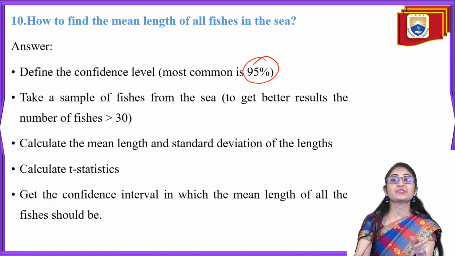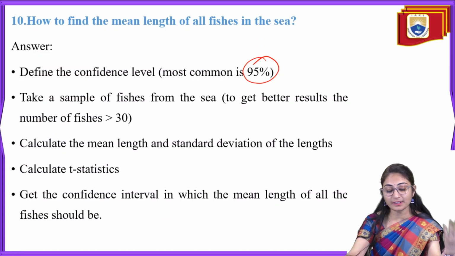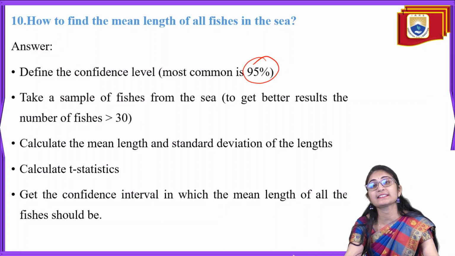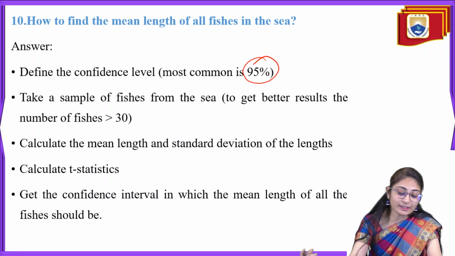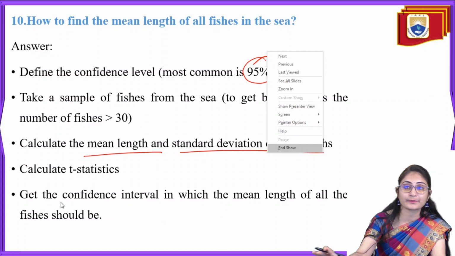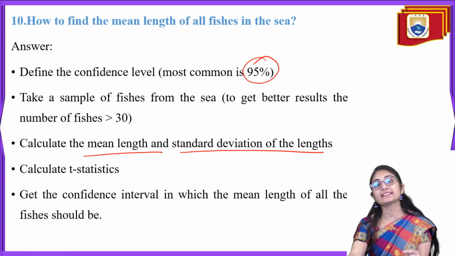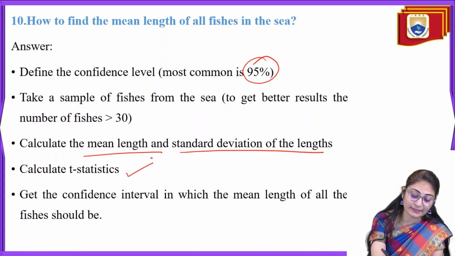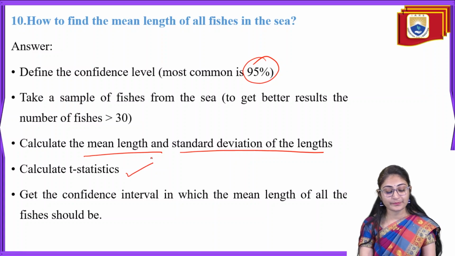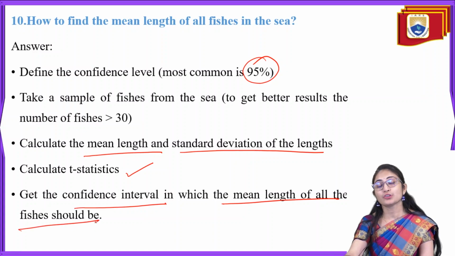Take a sample of the fishes from the sea, and it will be better if you take a number of fishes greater than 30. After that, calculate the mean length and standard deviation of the length. After finding the mean length and the standard deviation, you have to calculate the t statistic and get the confidence interval in which the mean length of all the fishes should be.